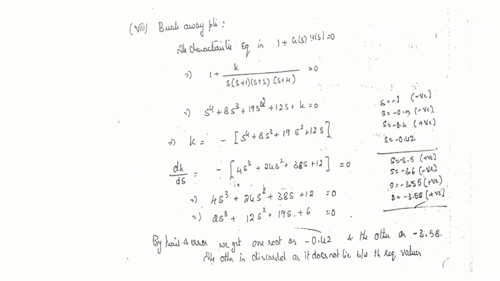So characteristic equation from here you find. It's a cubic equation. You have to find it by trial and error method. Okay, this is 0, -1. You just try -0.5 in this equation.